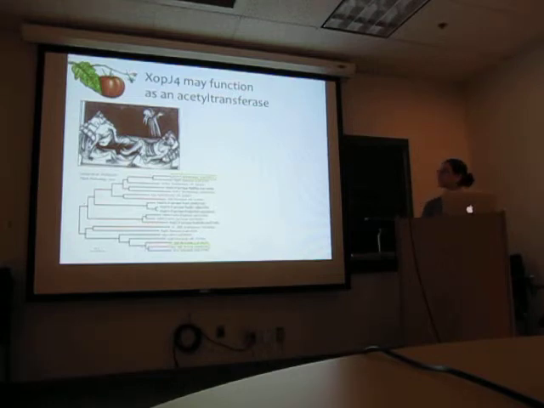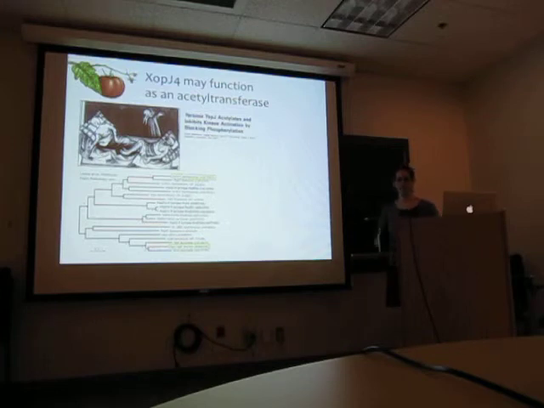And then this paper came out in 2006 from Kim Ort's lab, who had worked on YAPJ for a while, and they found that YAPJ was actually acting as an acetyltransferase, and it was acetylating kinases in mammalian cells that were important for immune signaling, thus blocking their phosphorylation and blocking immune responses.